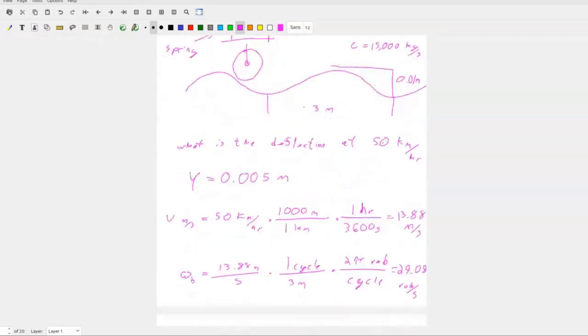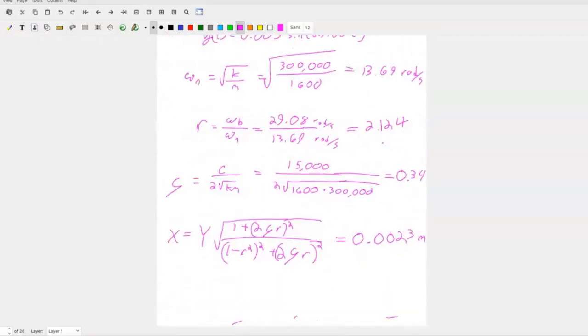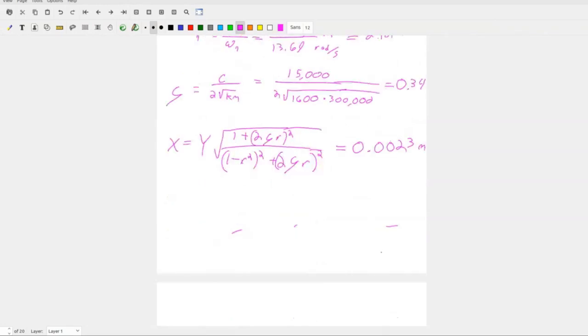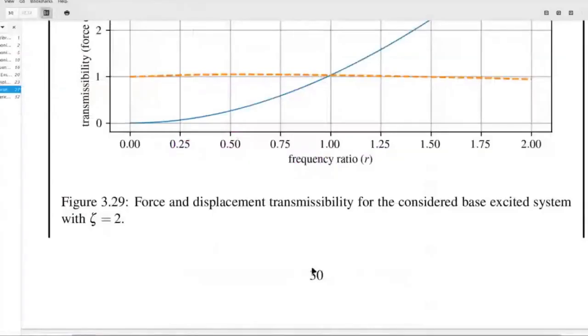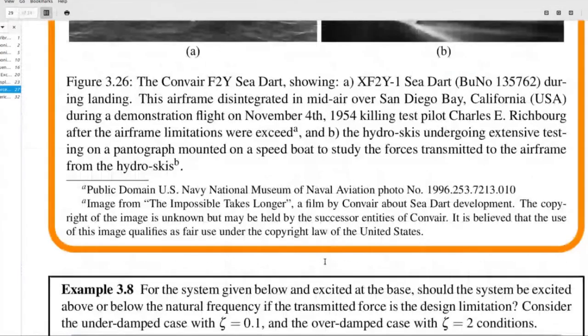So I have a y of 0.005, and I have an underdamped system. I'm over my natural frequency, and I have less displacement going through. So let's make a sanity check and see if that generally lines up with our plot.